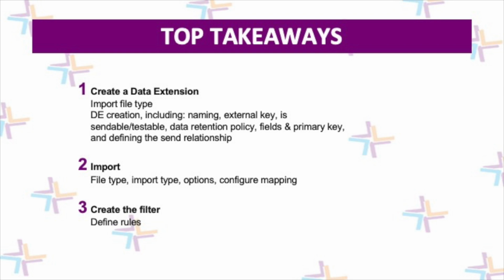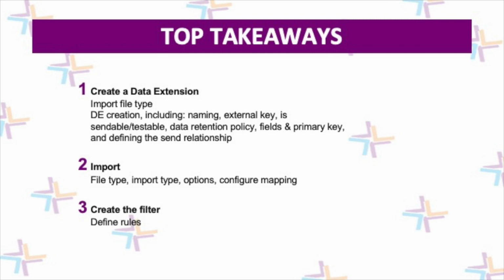Let's review our top takeaways. We learned everything about data extension creation. We learned about naming them, about external keys, when to check if a data extension should be set as sendable and or testable. We went over the data retention policy and also about creating fields, setting primary keys, and defining the send relationship.